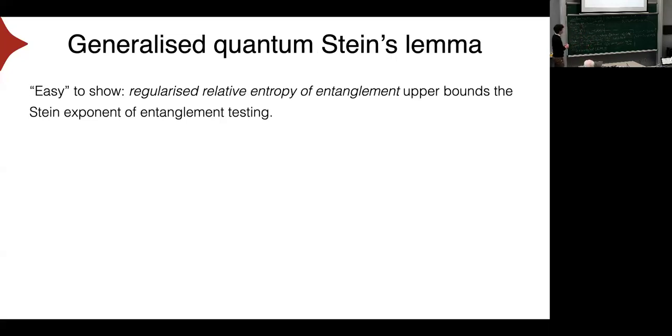Right, okay, so what I claim is that it's actually easy to show that the regularized relative entropy of entanglement is definitely an upper bound on the Stein exponent. So why is that? Well, it's quite simple. It's kind of a side calculation we can do.